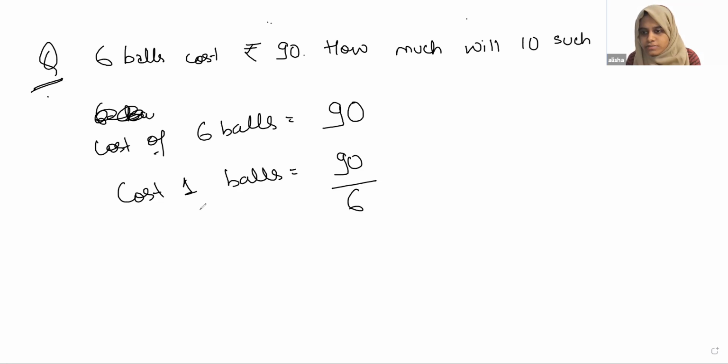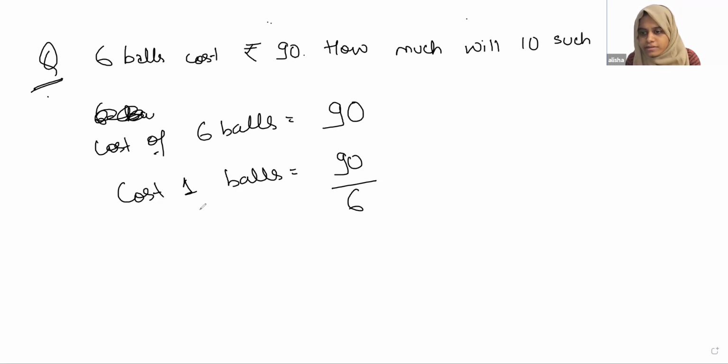Okay, cut both the numbers and write them. Cut 6 and write 2. Cut 90 and write 30. I cut 90 and I wrote 30. You wrote 30. And what about 6? You wrote 2? Okay, now what numbers are left?